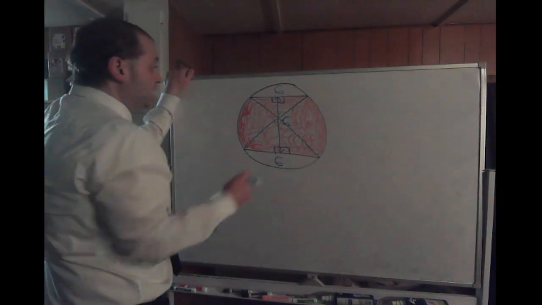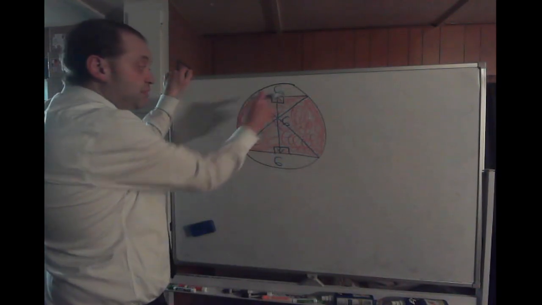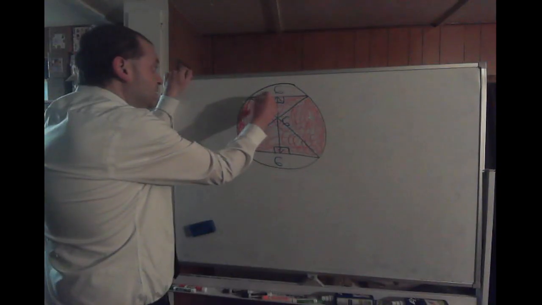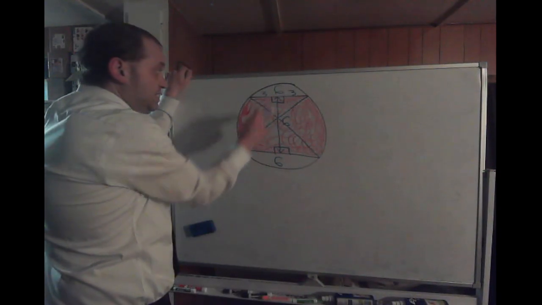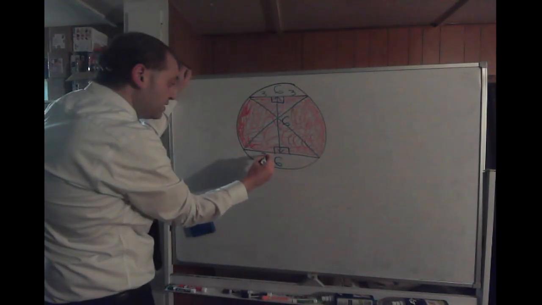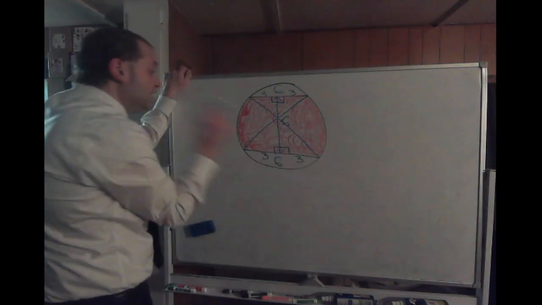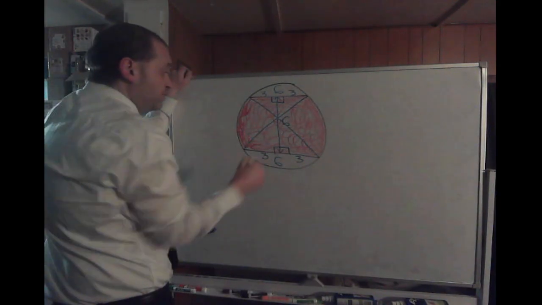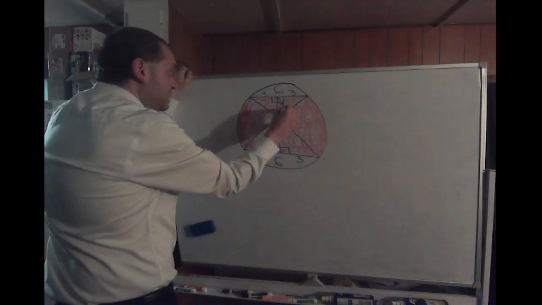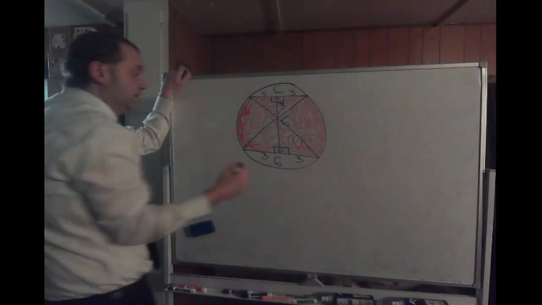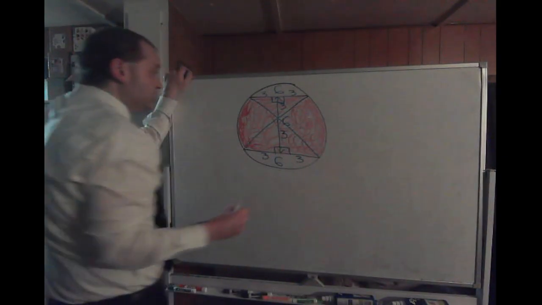So if the whole base is 6 and it's bisected, that means each of these here is 3 for your right triangles. And for a 45, 45, 90 right triangle, the height would be the same, 3.